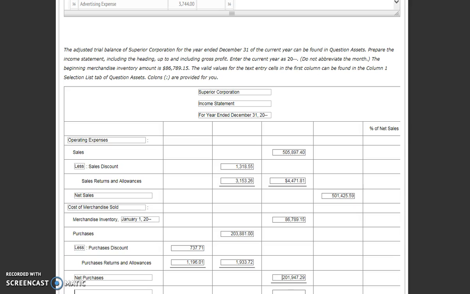Awesome. Moving on. Total cost of merchandise available for sale.